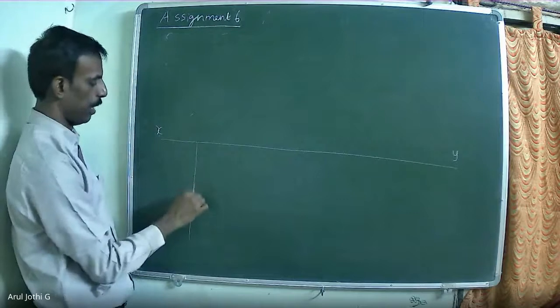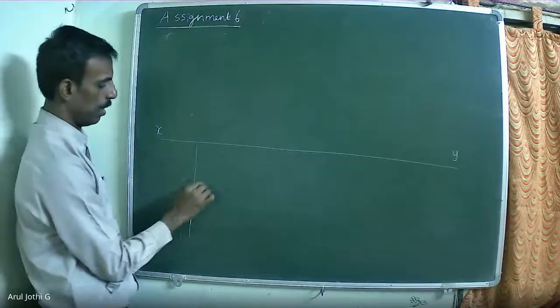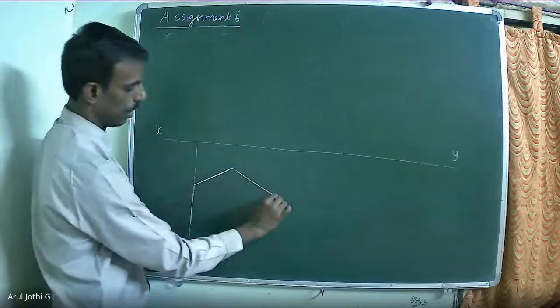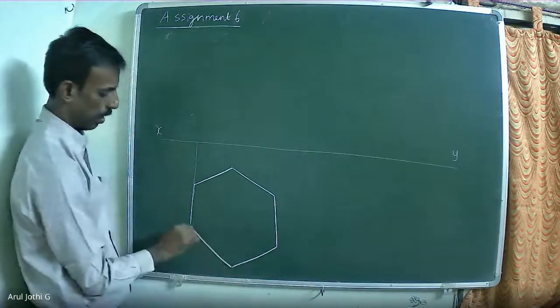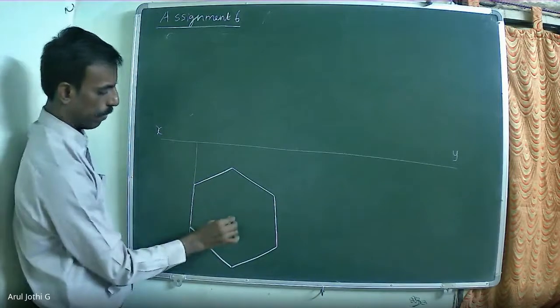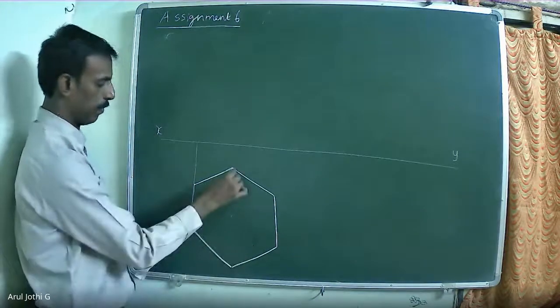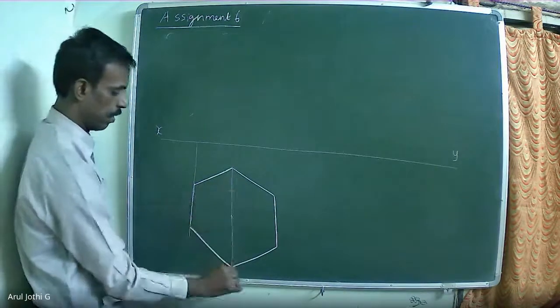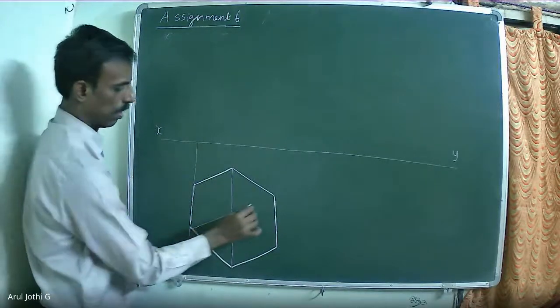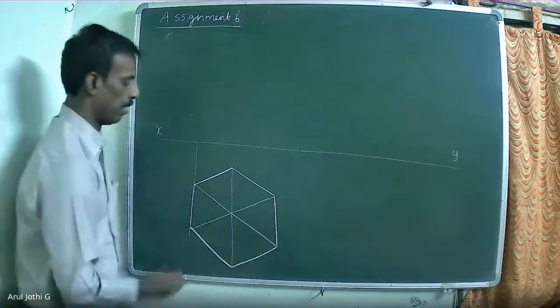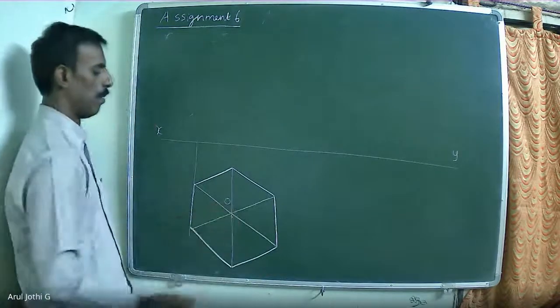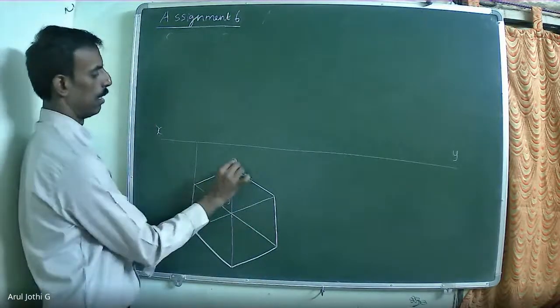Keep one base side in vertical position so that the base edge will be resting on HP. So mark the upper point O. First section the axis line.